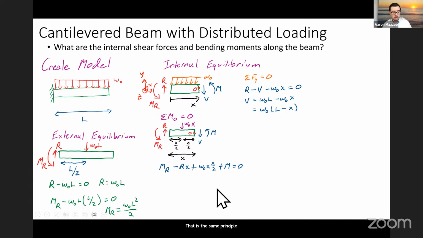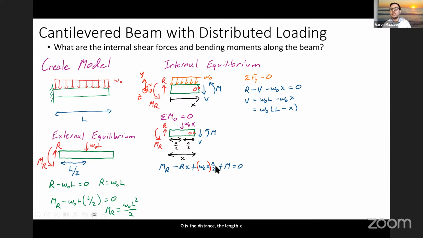The resultant force, if we look at it, is really this: the resultant force, W naught X. The length of the lever arm, if I'm summing about O, is the distance X over 2.